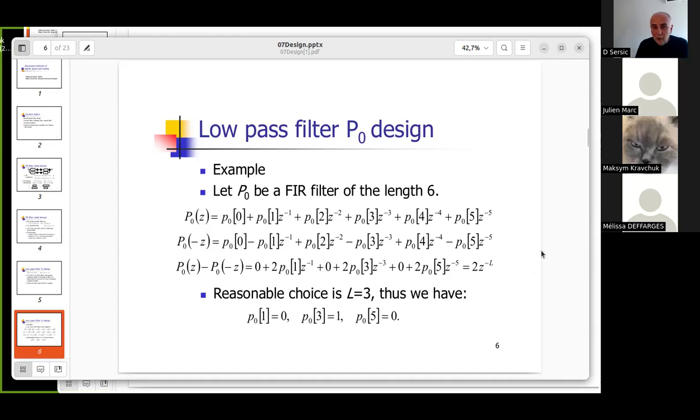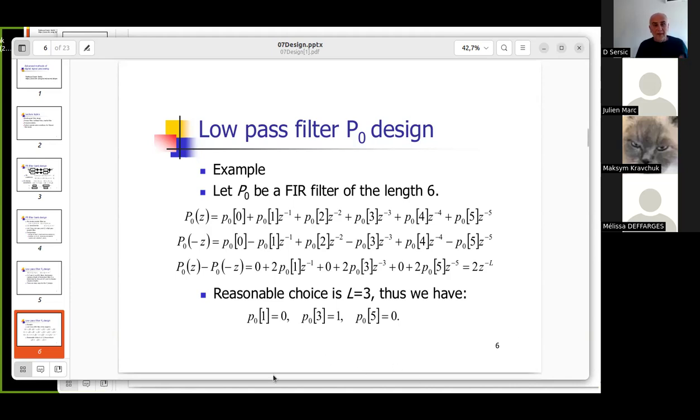So we have an overall delay of such a filter bank that is equal to 3. In that case, the middle term must be equal to 1, and the other 2 must be equal to 0. Okay, so this is the only thing you have to take care about.